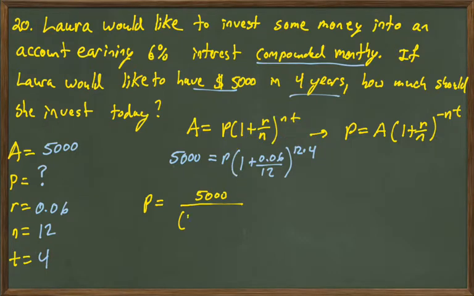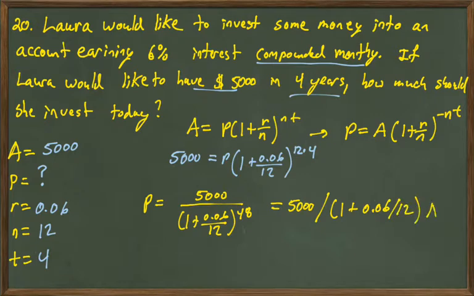So it's going to be 5,000 divided by 1 plus 0.06 divided by 12 raised to the 48th power. So here's how we might want to put it in our calculator, like this. Again, you want to make sure you multiply those 2 exponents together right here. Be careful, because you could get the wrong answer there if you don't do that.